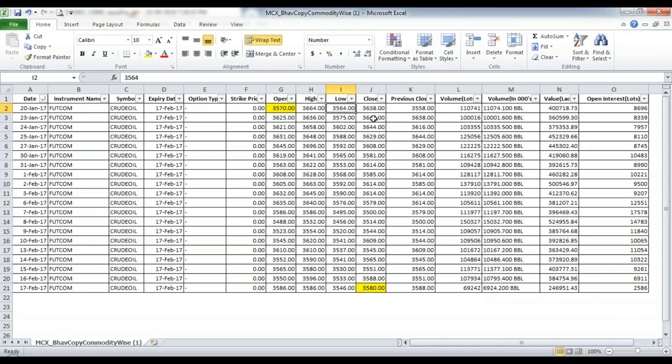Is this a complete inside candle? It didn't touch the high or the low, correct? Yes, sir. Now, on this day the open interest, anyways immaterial, also fell.